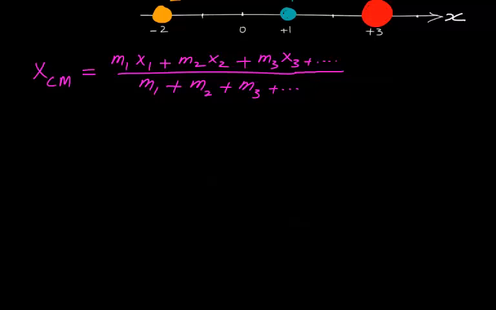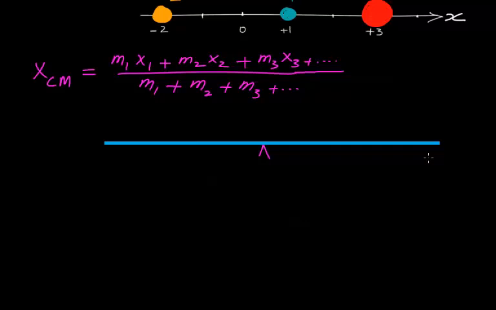First, I'm going to mount it horizontally. Something that looks like this. If you want to pivot this long rod and keep it balanced, clearly you have to place a pivot exactly around the middle. And that's where the center of mass is. Why is this rod balanced at the middle?